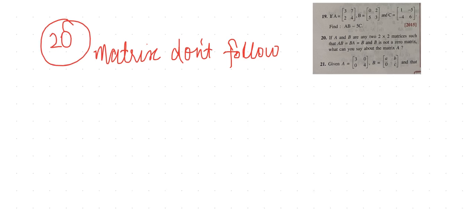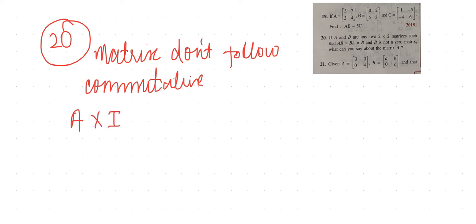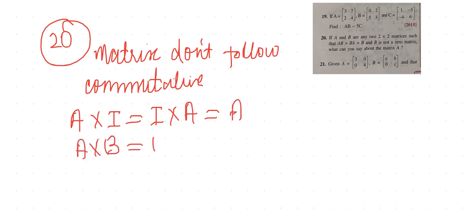But if you remember, they follow the commutative property only in one case children, and in which case? That when A is multiplied to I, this is equal to I being multiplied to A and this in turn is equal to A. So if A into B is equal to B into A, then what can you say about A?